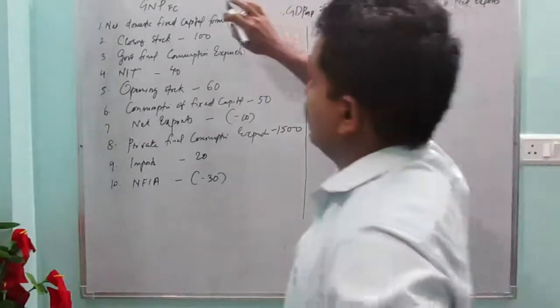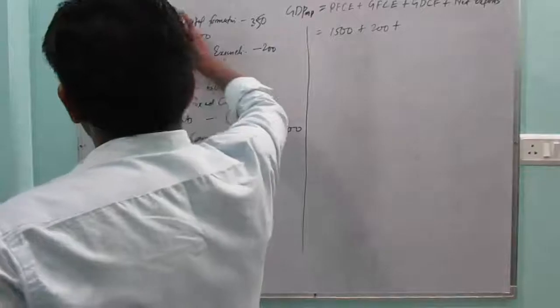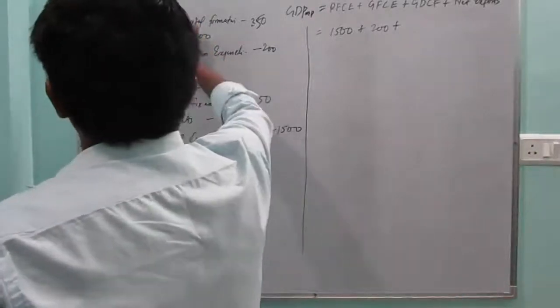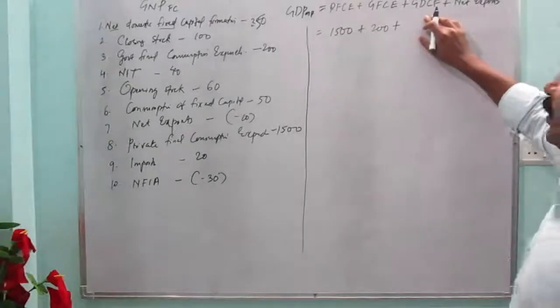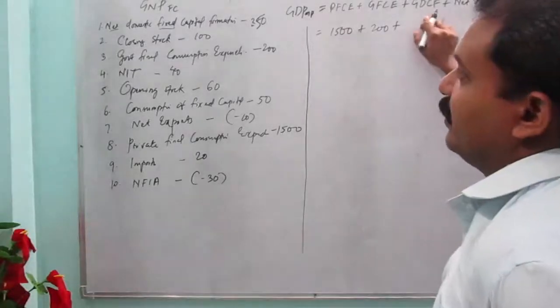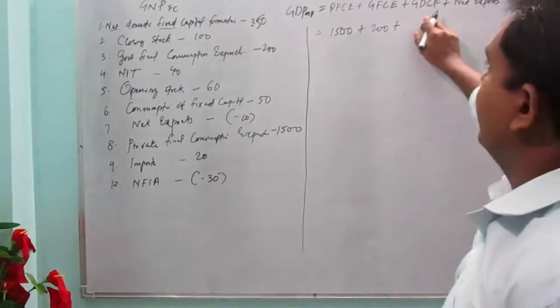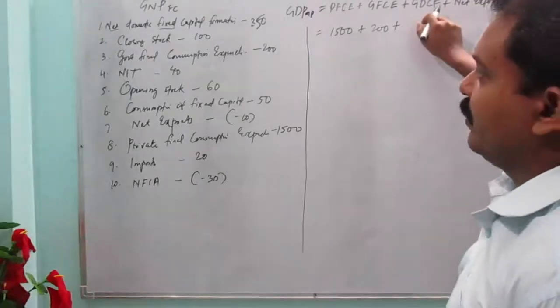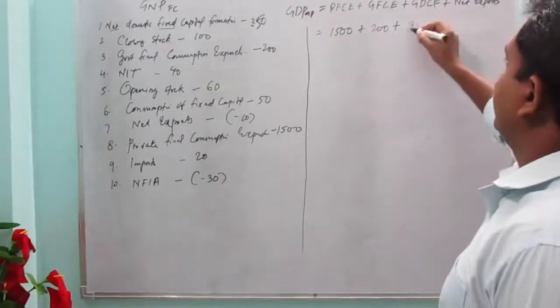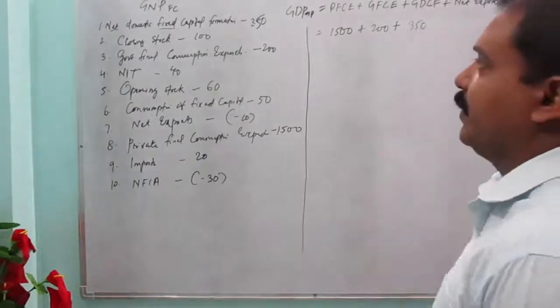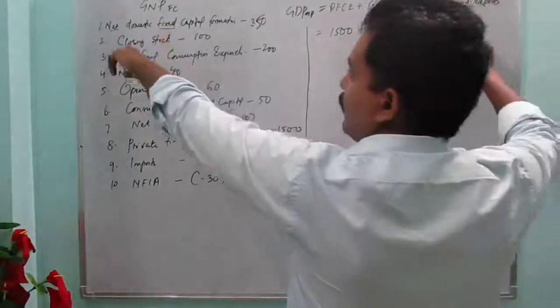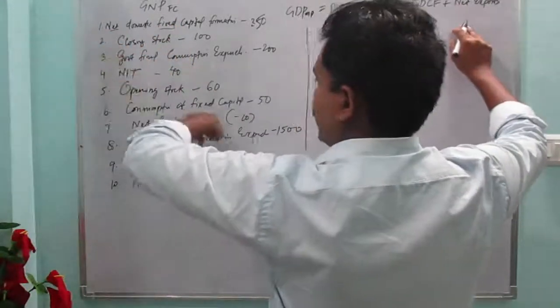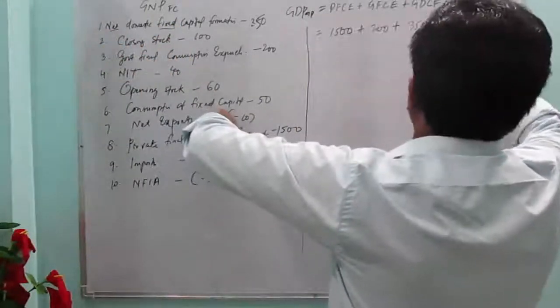Net domestic fixed capital formation is 350 net; in order to make it gross, we need to add consumption of fixed capital 50.